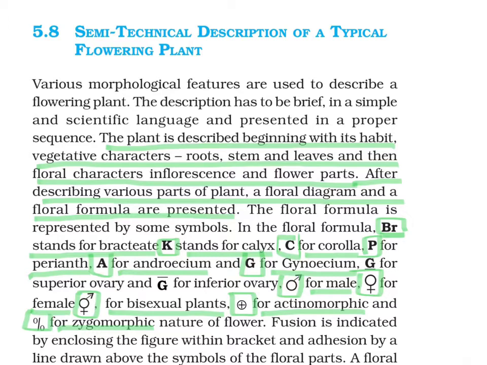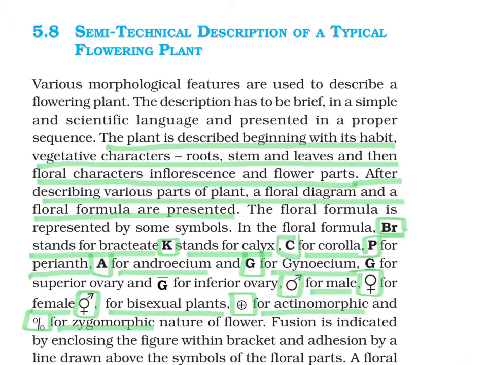Then if calyx or corolla are absent and perianth is present instead, then capital P will represent perianth. This is an optional thing. Then followed by capital A, that is androecium. And lastly capital G for gynoecium.